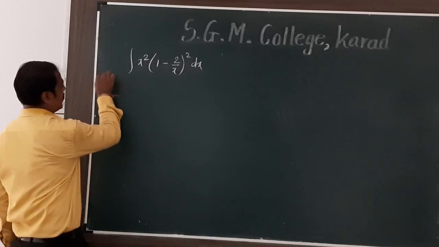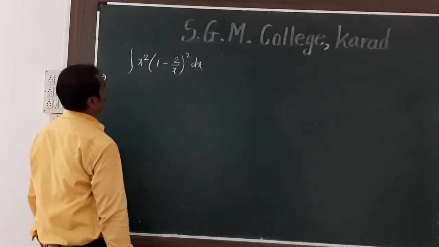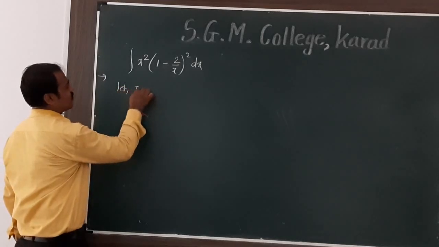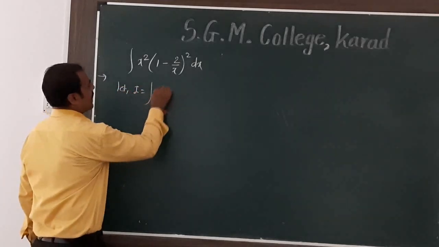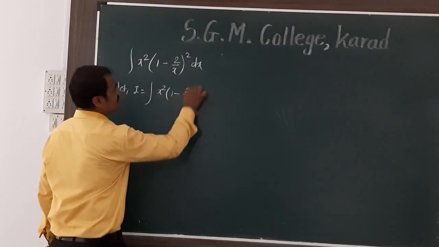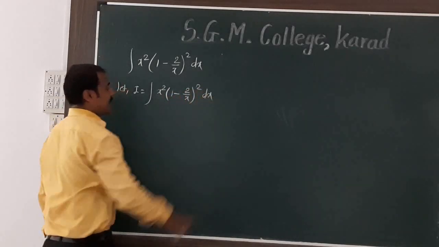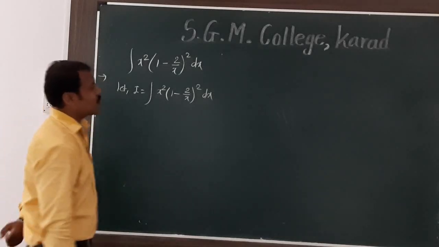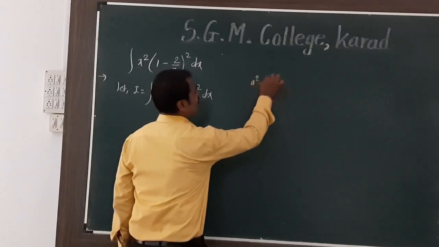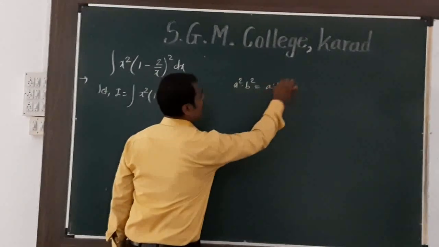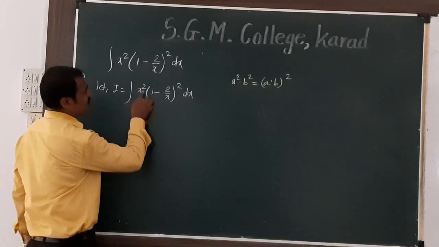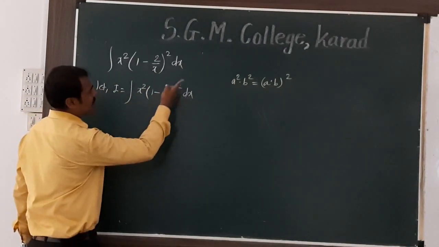So denote the given example of integration by I. Let I is equal to integration of x square into (1 minus 2 divided by x) bracket square dx. We know that a square into b square is nothing but (a into b) bracket square. Here it is x square into (1 minus 2 upon x) bracket square.